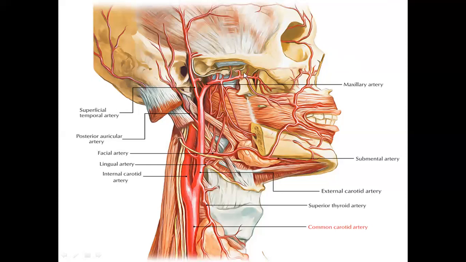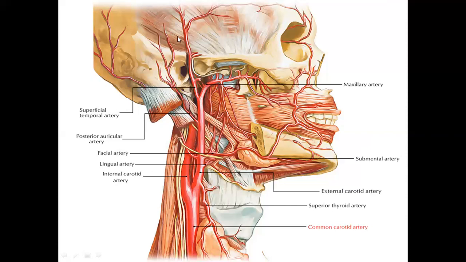So it has a wide area of branches, and it supplies a large area of the face: the nasal cavity, the palate, the upper jaw, the lower jaw by the superior and inferior alveolar arteries, the muscles of mastication, and the ear. So it has many branches. This we will discuss in detail.